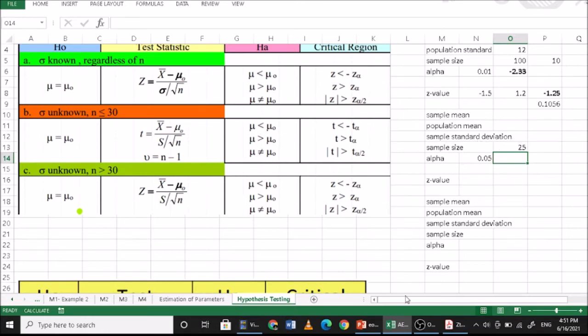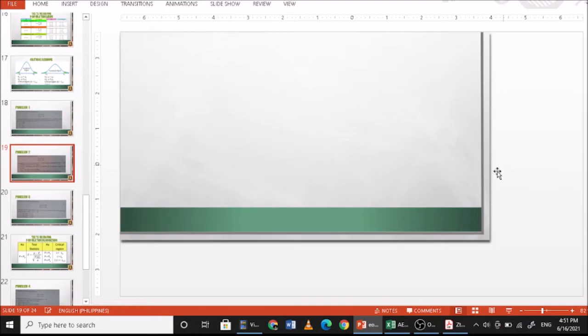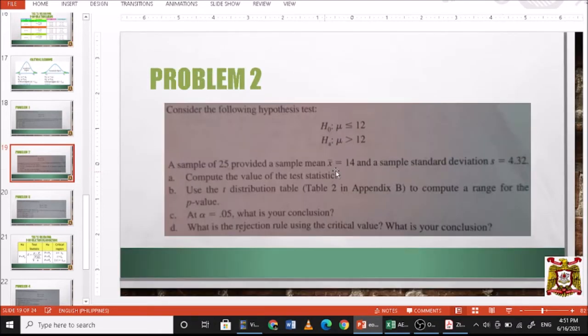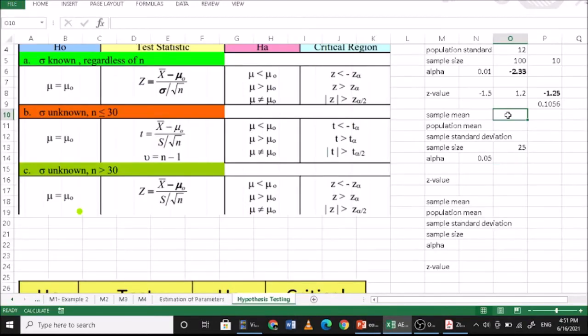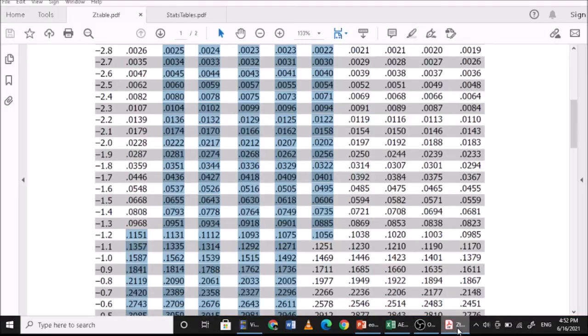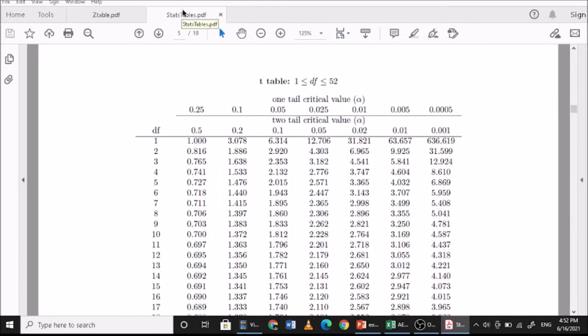The sample standard deviation is 4.32, the sample mean is 14, and the population mean is 12. And let's look at your t table.